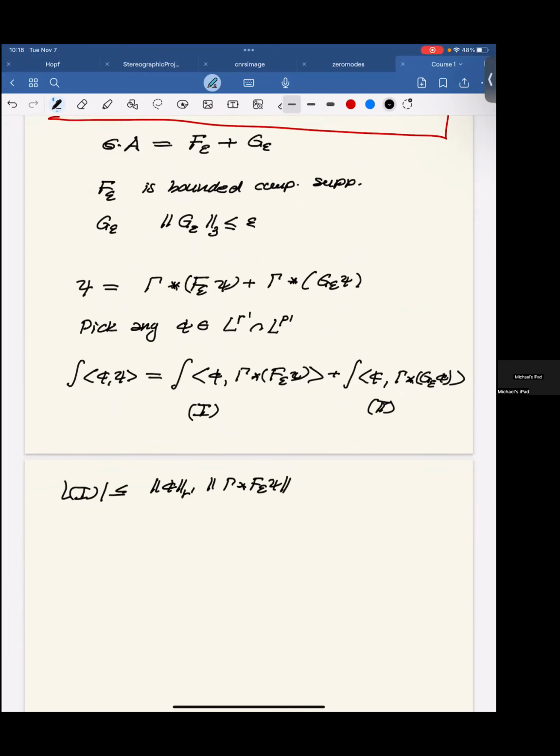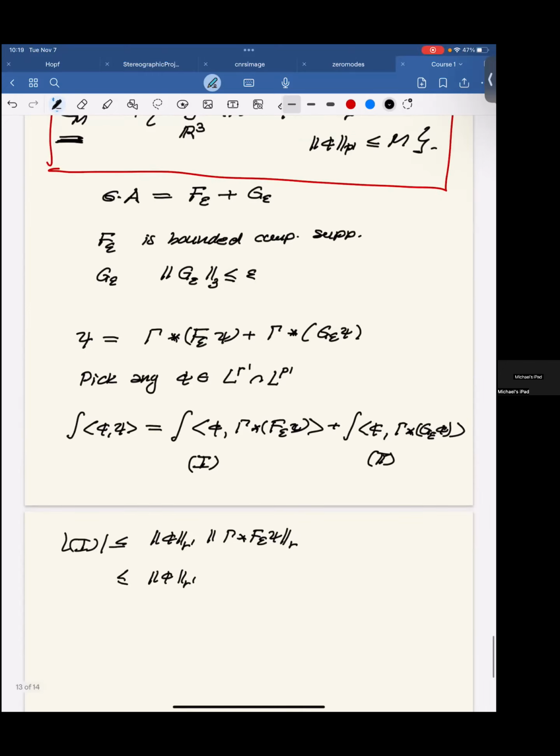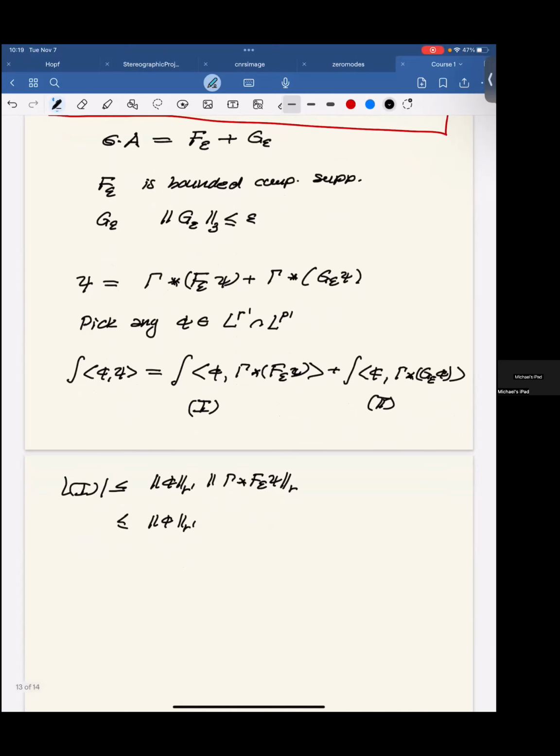Because now we use some nice properties of the F epsilon, and this is R less or equals phi R prime. Remember, phi R prime is in SM would be less than 1, but let's keep it this way. Times F epsilon psi S. This follows with Hardy-Littlewood-Sobolev.